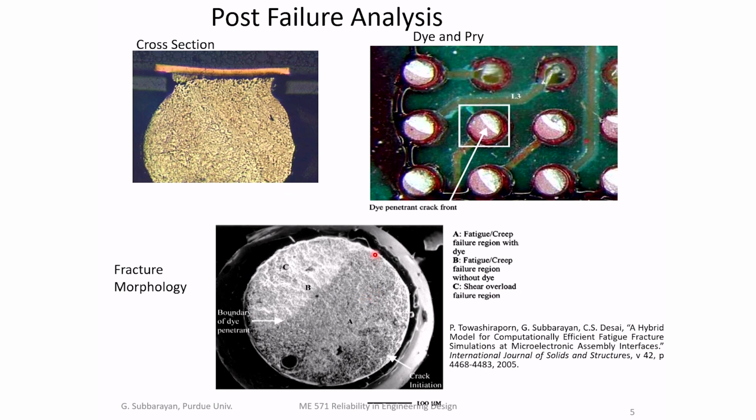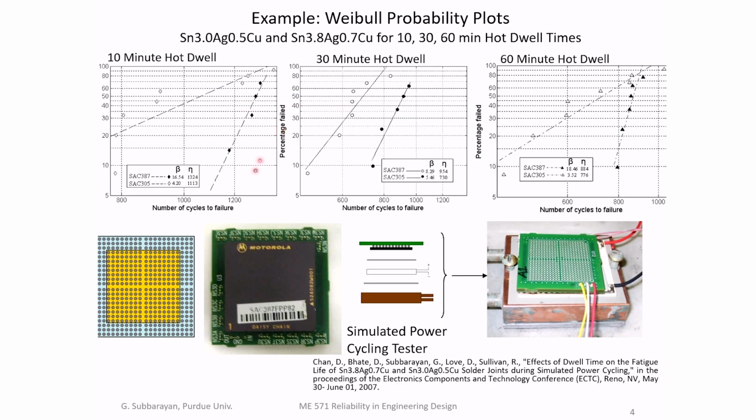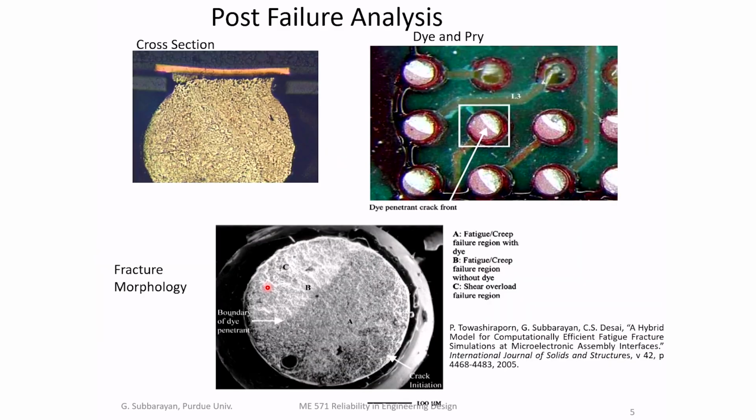Here, for instance, what you're seeing is the initiation and growth of a crack in the solder joint. This is a cross section of the solder joint in the assembly of this component. On one side of this solder joint is the component, on the other side is the circuit board. And studying this requires more detailed physics than we would have the opportunity to do in this particular class.